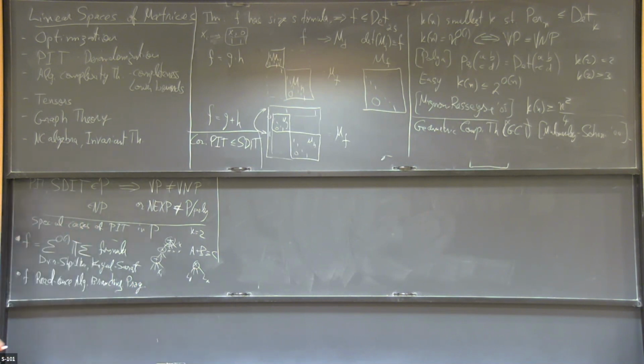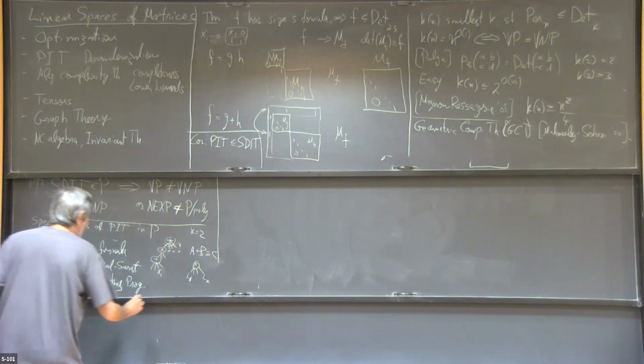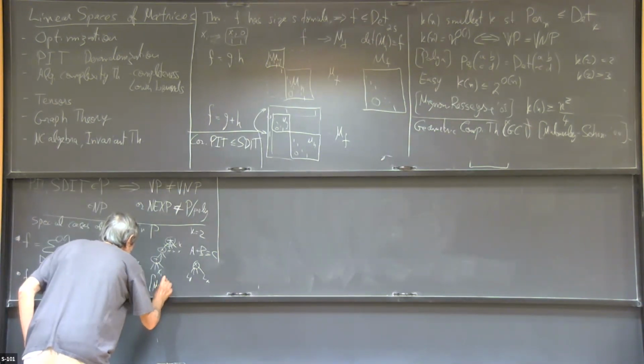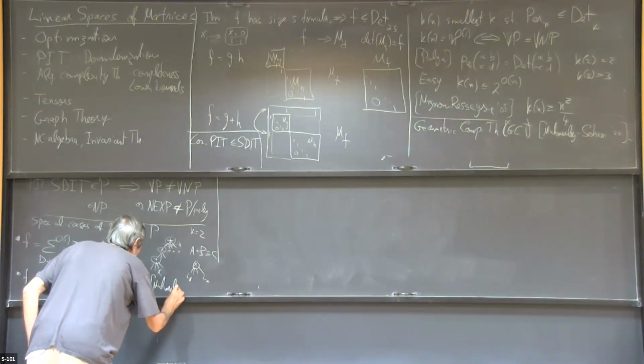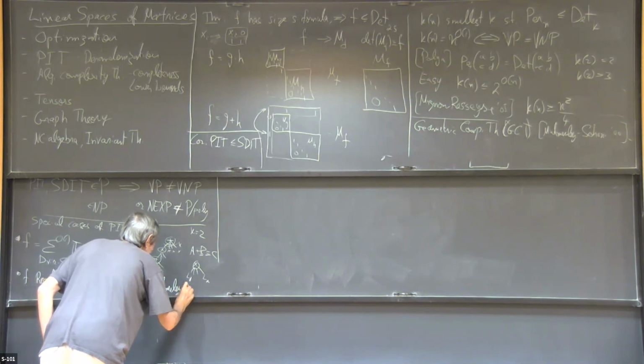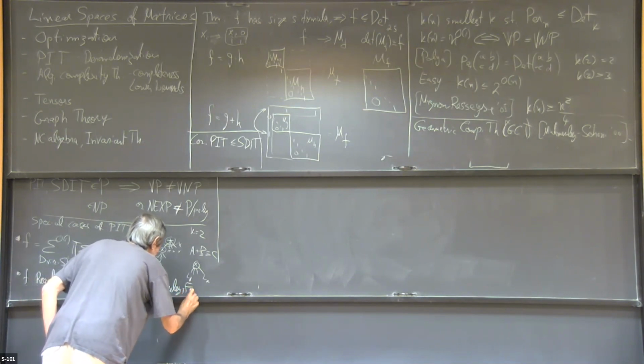I don't define this model, but it's a very general thing, and doing it deterministically was important for concerns having to do with GCT, geometric complexity, and with invariant theory, but I will not get into it. So this is what was done by Forbes and Shpilka.